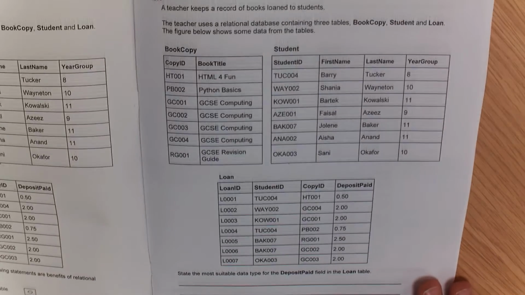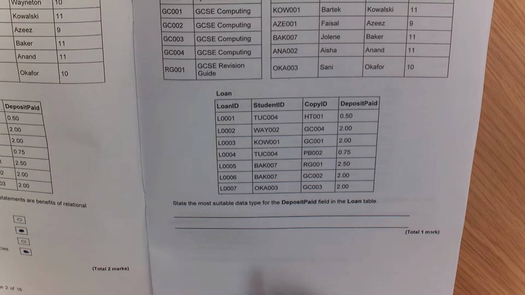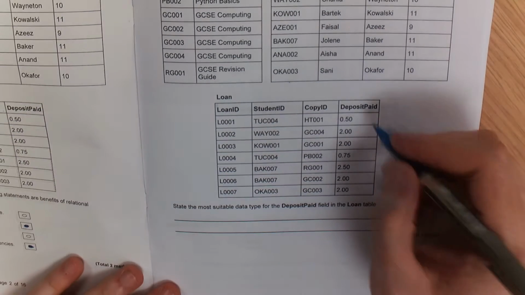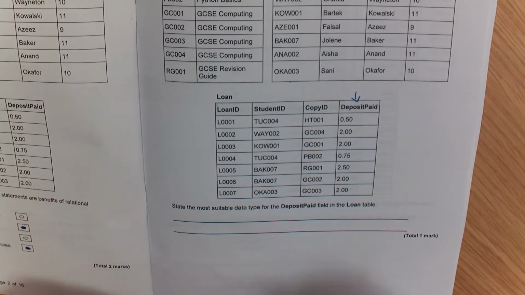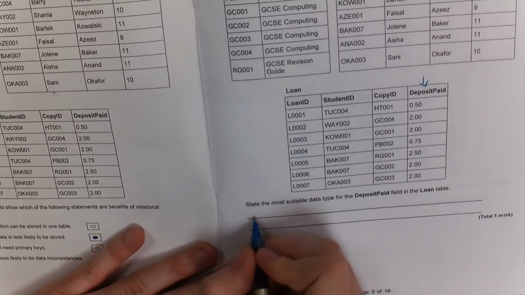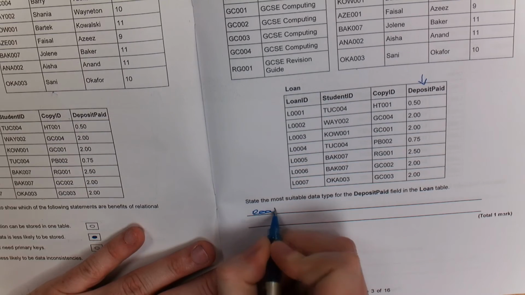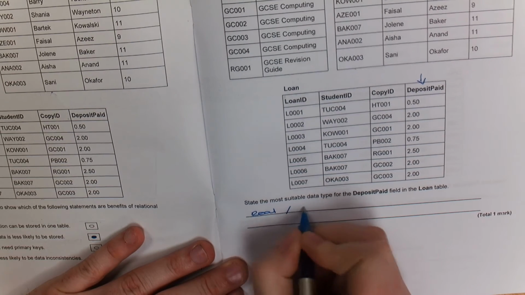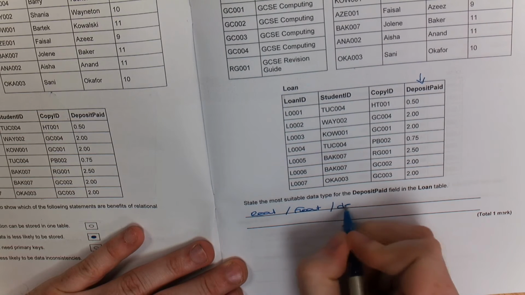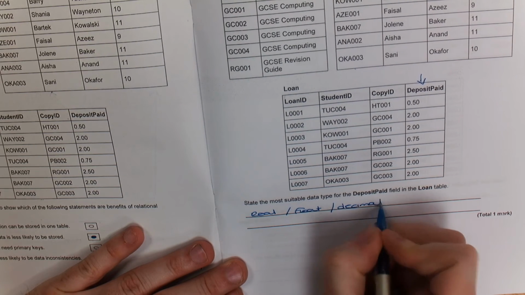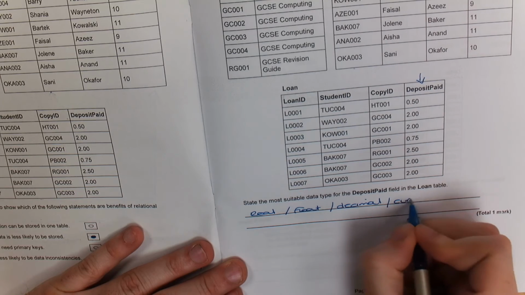All right, we've got another one here. Same database. State the most suitable data type for deposit paid in... So we've got deposit here. You could have had real, float, decimal, currency.